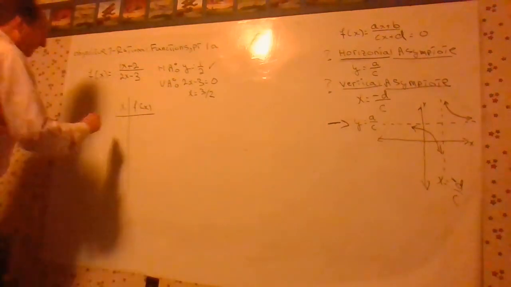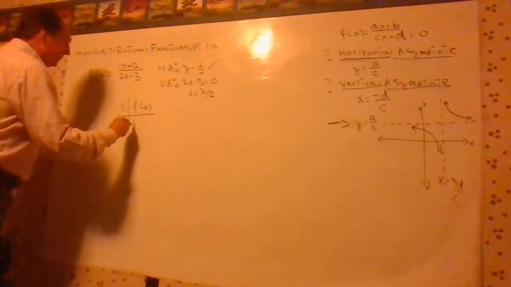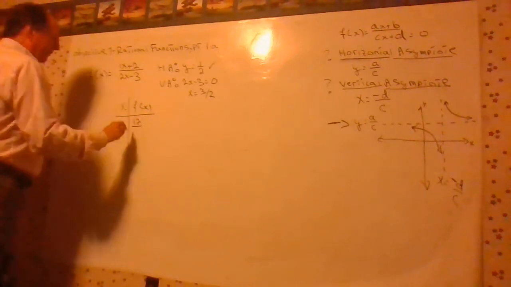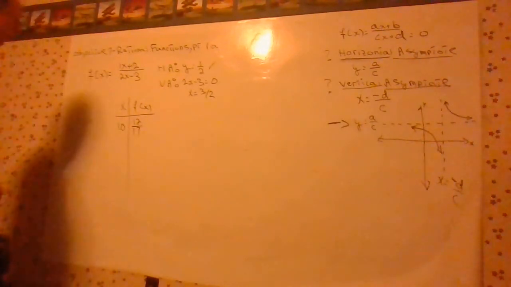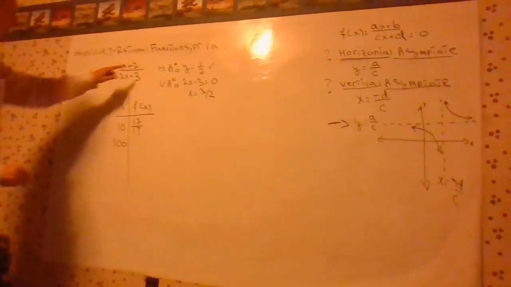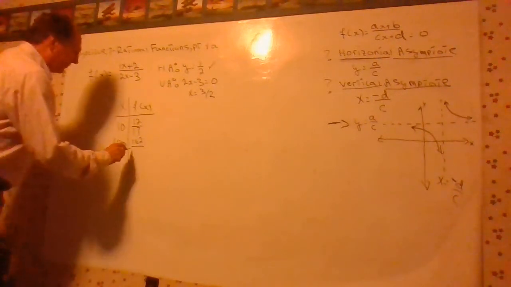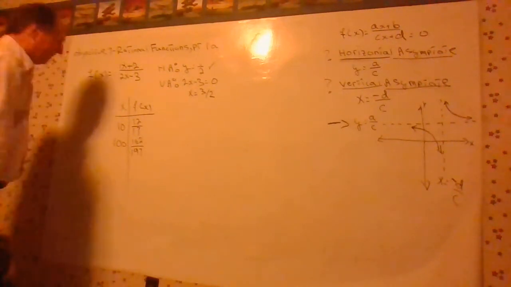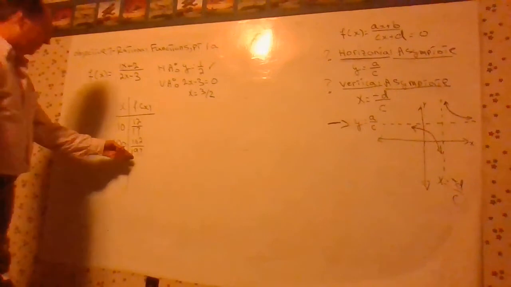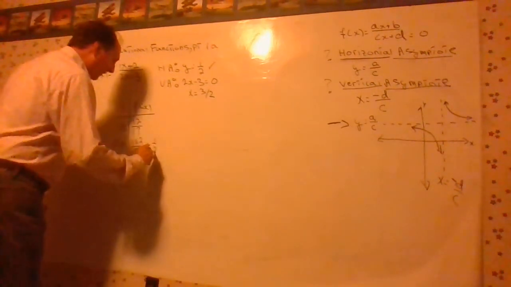If you plug 10 in, for instance, you end up getting 10 plus 2, 12 over 17. If you plug 100 in, 100 plus 2 is 102 over 200 minus 3 is 197. And if you look at it, that's probably close to 1/2.